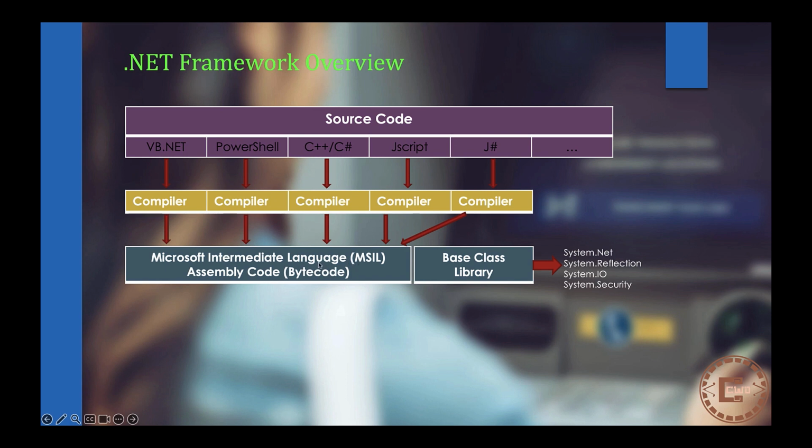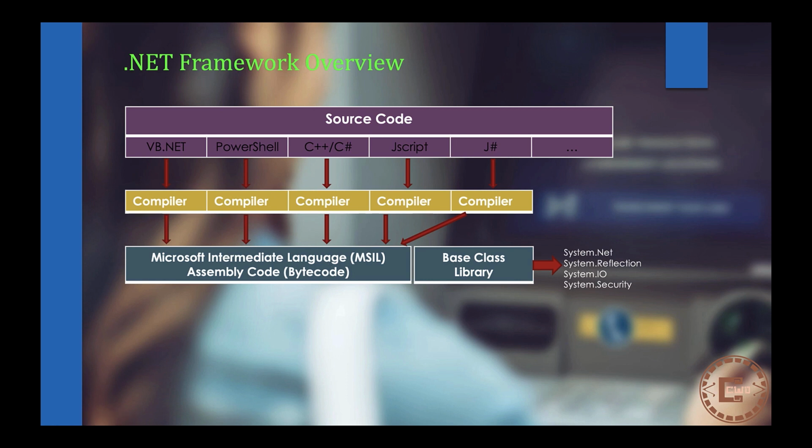Think about it like an assembly code that understands all those languages, and this layer in the middle is actually the same. It doesn't matter which of these different languages you built in. With the compiler, you get into the bytecode, and at this point it is essentially the same.